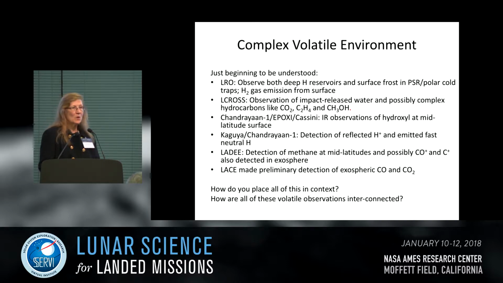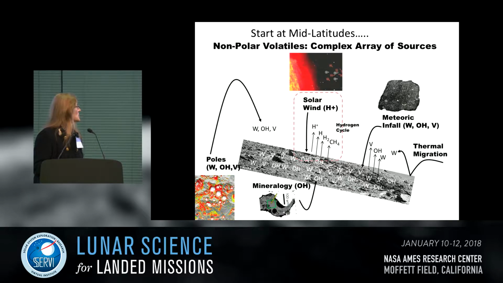So we know from infrared that there are hydroxyls at mid-latitudes, and we know that there is OH at the equator. And what we want to investigate is, where are these hydroxyls produced? Where are they coming from? Where are they going? So this, to me, is the interesting question.